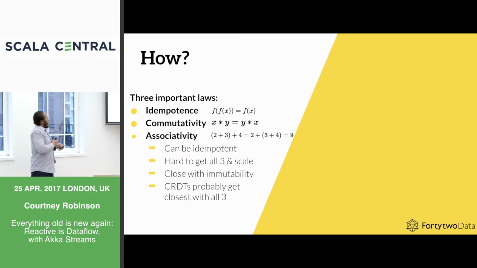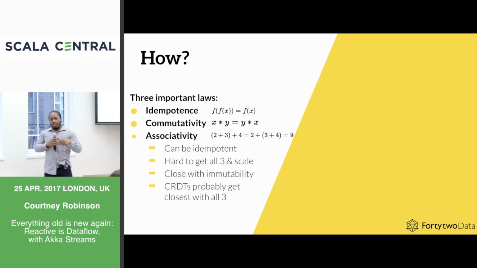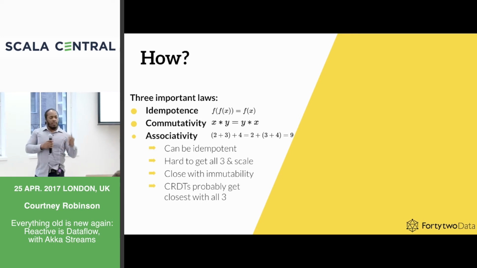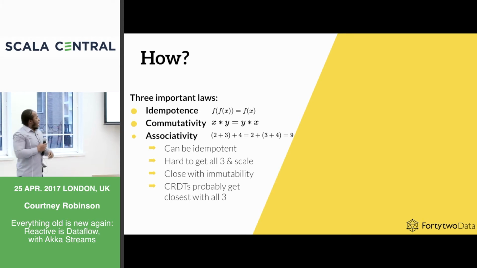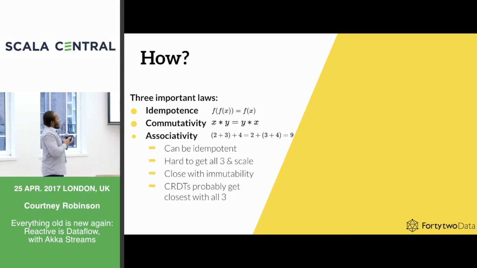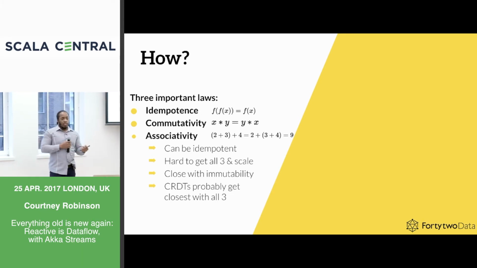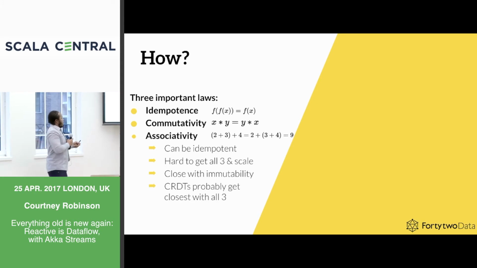Now, when we started redesigning this, we looked around at the existing big data frameworks that you find, Hadoop, Spark, Storm, etc. And there are common principles that they all identify as being important, and essentially they can be grouped under idempotence, commutativity, and associativity. It's really difficult to achieve all three and still get the kind of scale that we need.